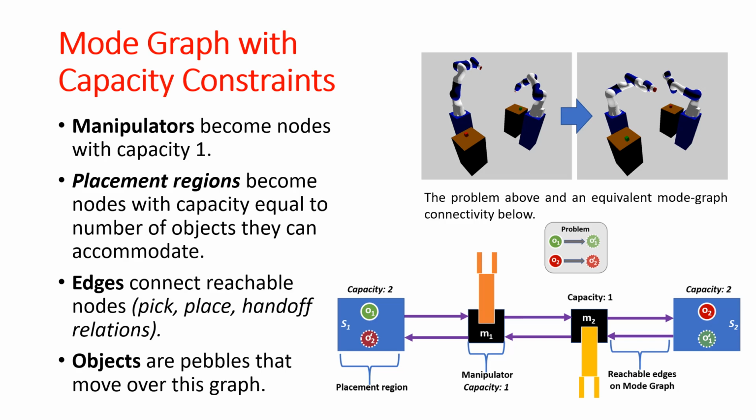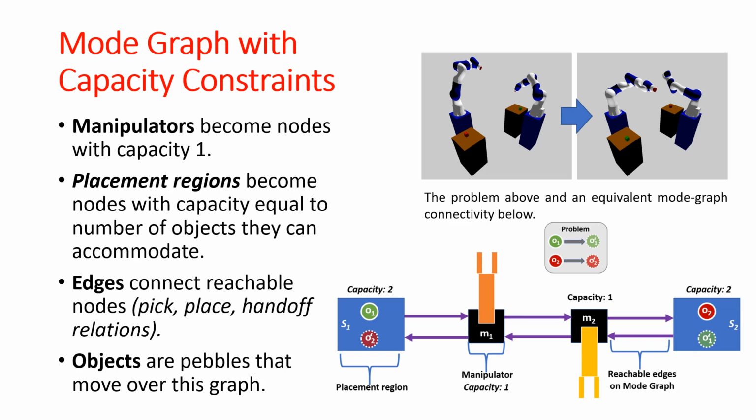So let's look at the example that we had shown to be non-trivial, of just swapping two objects. So what does that look like? For the two tables, we add two nodes in the graph, let's say with capacity 2, and then we have the manipulators in the middle being two additional nodes, and the edges represent the valid actions that are possible given the reachability of the systems.